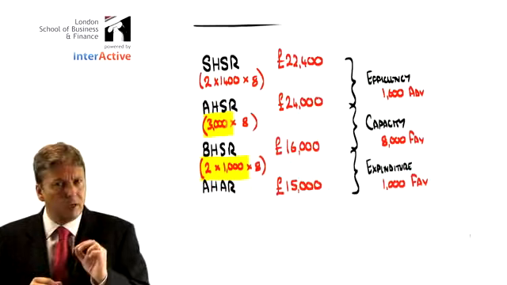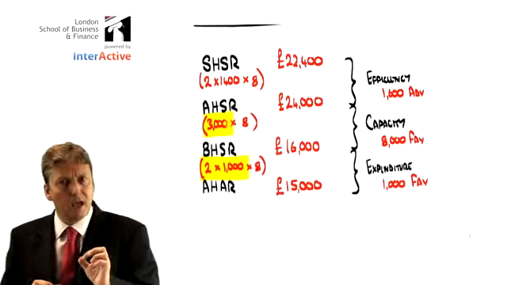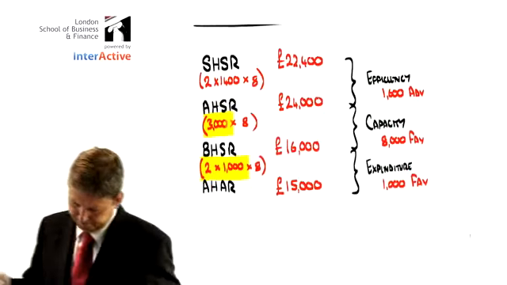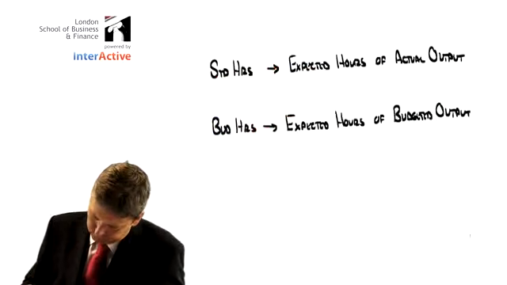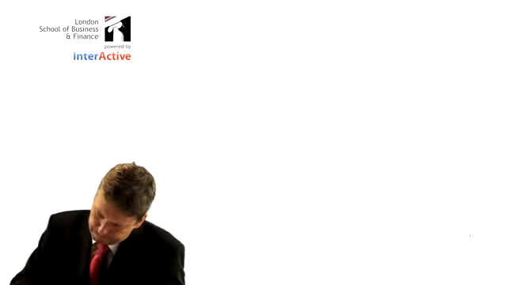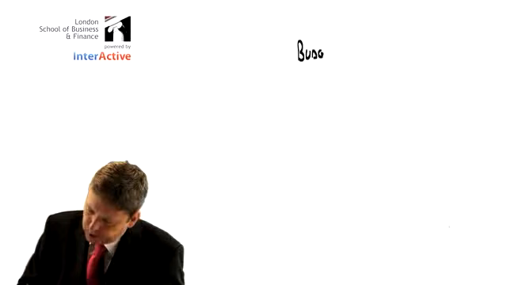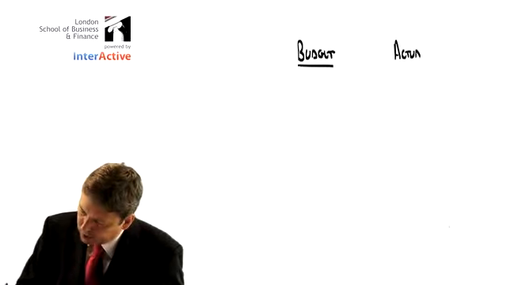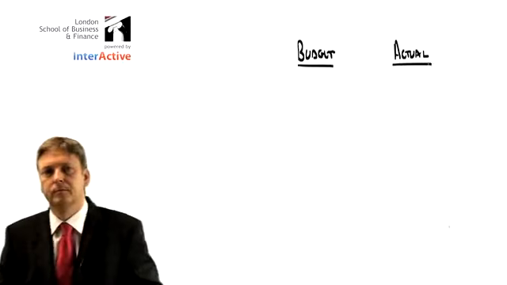I think we need a little bit more practice with our fixed overheads. Let's play around with other numbers. If I were to give you these sort of numbers, we've got a budgeted lot of information and an actual lot of information.